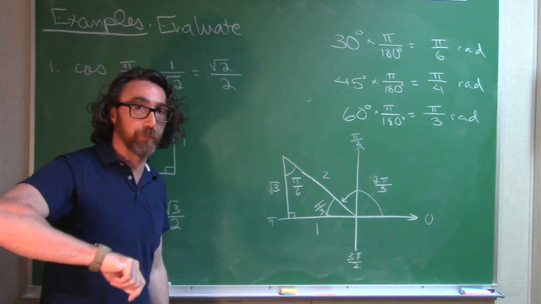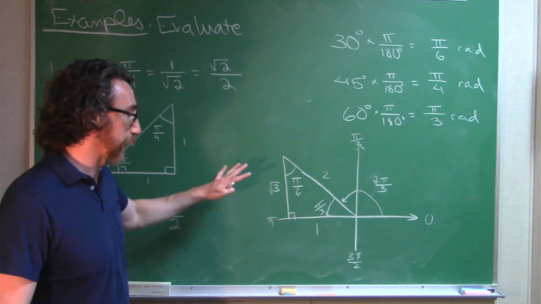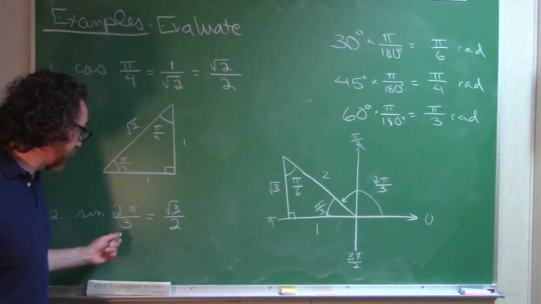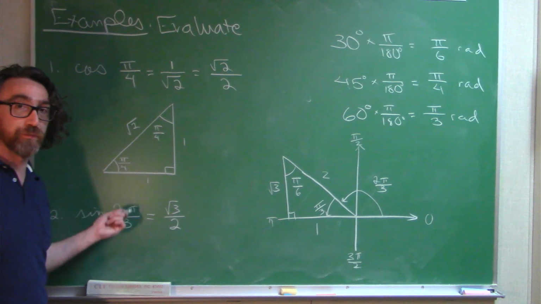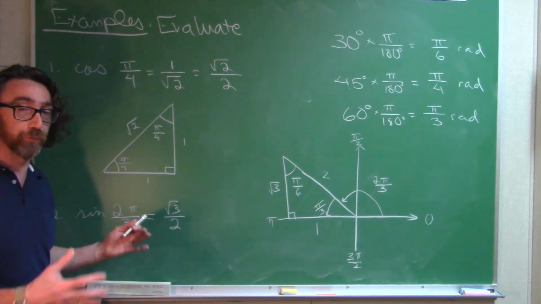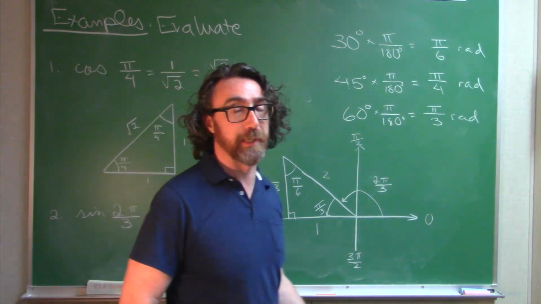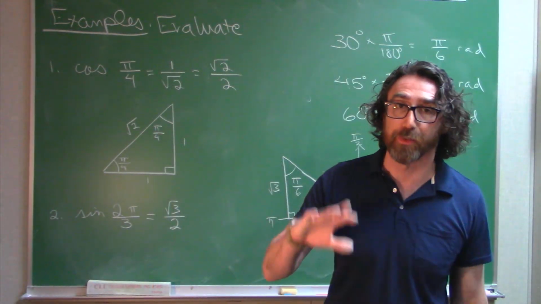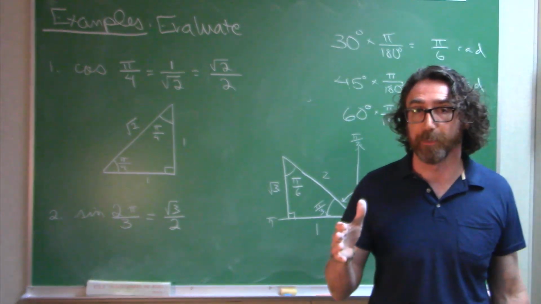Practice those special angles until you have them down, and be able to evaluate the trig functions not just for degrees but also for radians. We're going to start to transition to using the radian system throughout the course, and we'll see it does have a lot of advantages, simplifying some of the formulas we're going to work with.